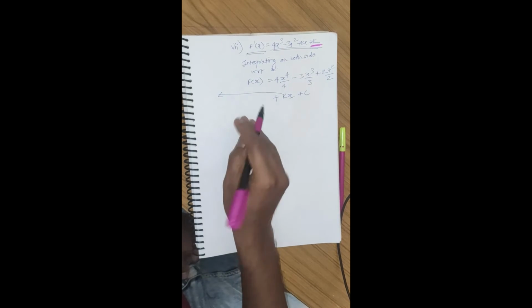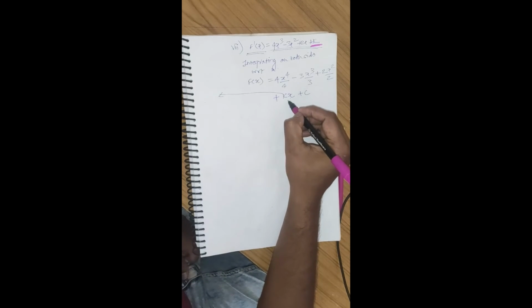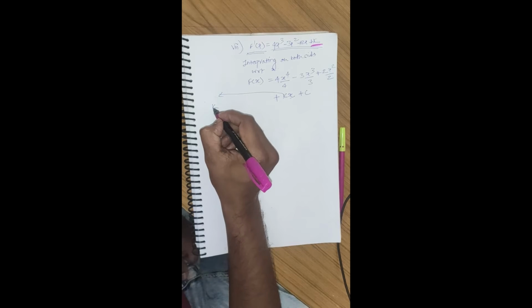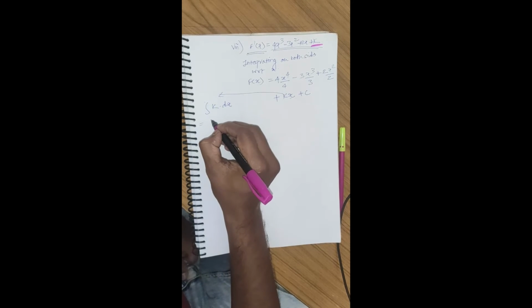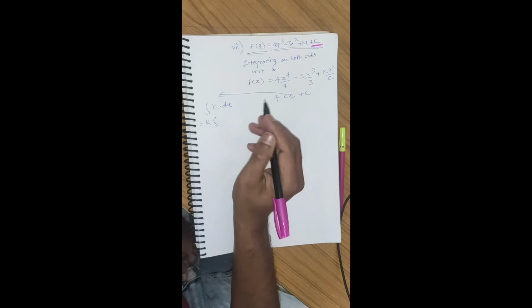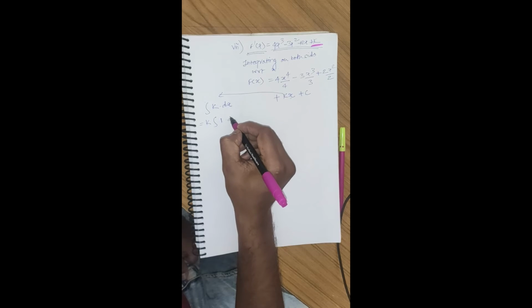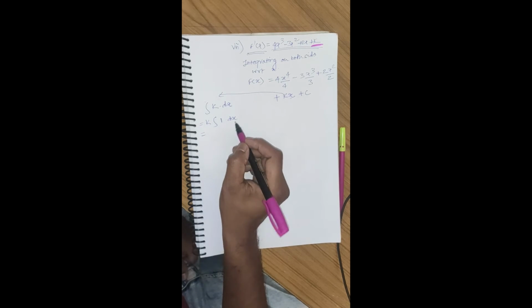Now why is kx there? Let me give you a bit simplified version of this. If you want to integrate k with respect to x, what you do generally is take k outside, and what remains inside? Absolutely, it is 1, not 0. Just remember this. Don't make that mistake. So integration of 1.